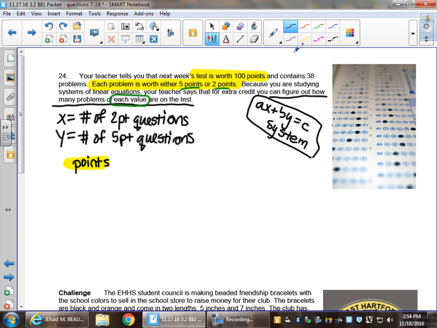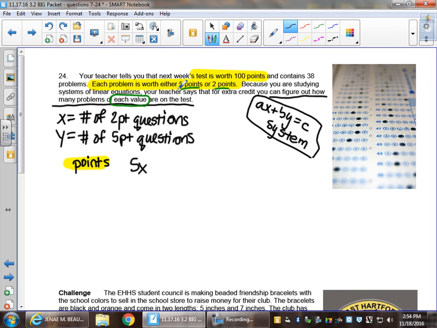Let's write our system. What do we think the equation is going to be for this? Be careful with pulling 5x. So I'm going to write it, but this is wrong, okay? 5 points needs to be multiplied by the number of 5-point questions.